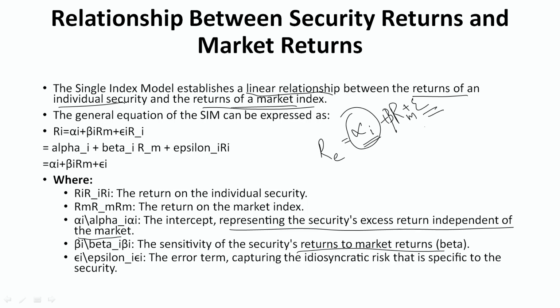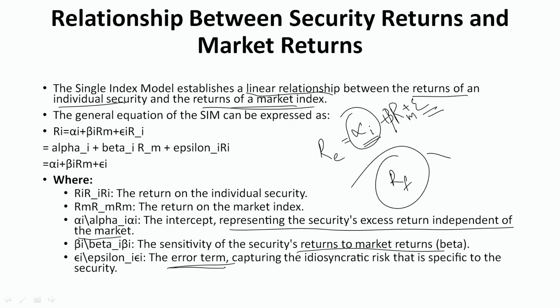So, epsilon is nothing but some unpredictable things which is likely to happen in the market is considered to be the error term. Okay. So, the difference between a CAPM model and this particular model is that here we are not considering anything called a risk-free rate of return.